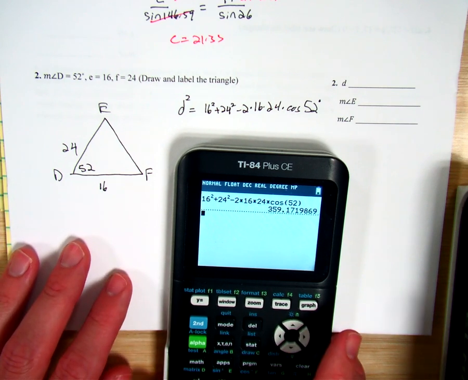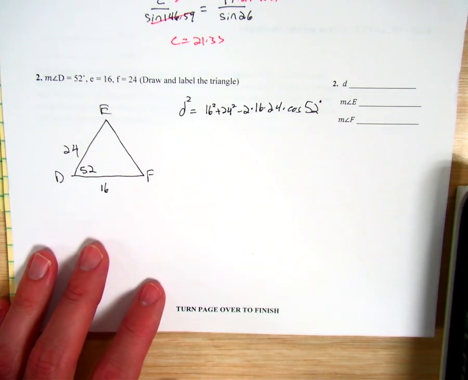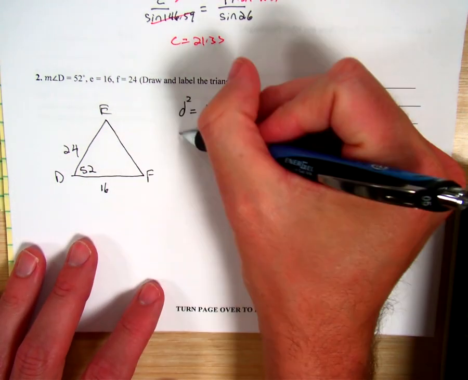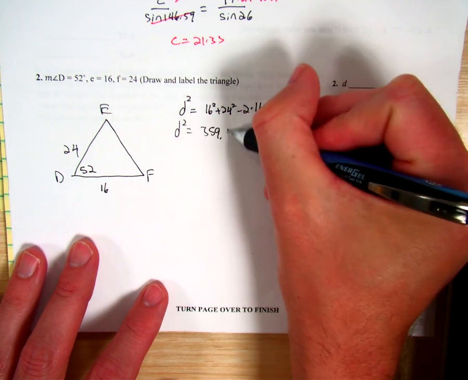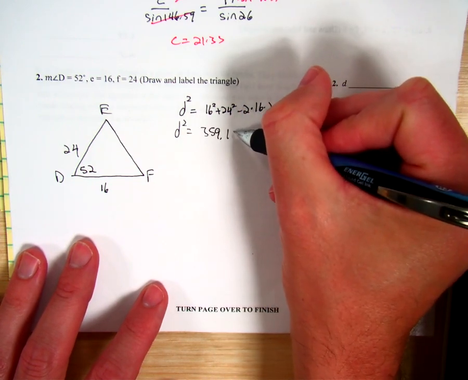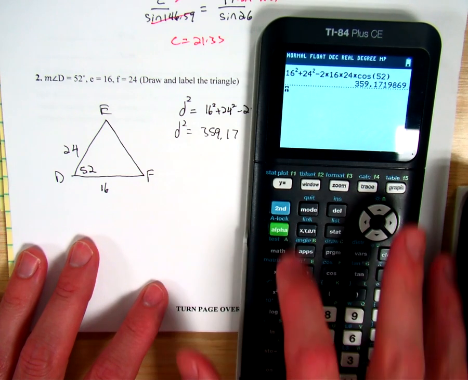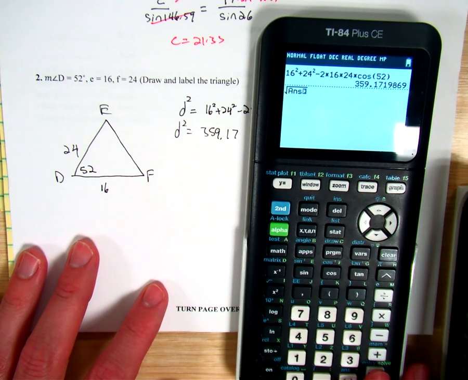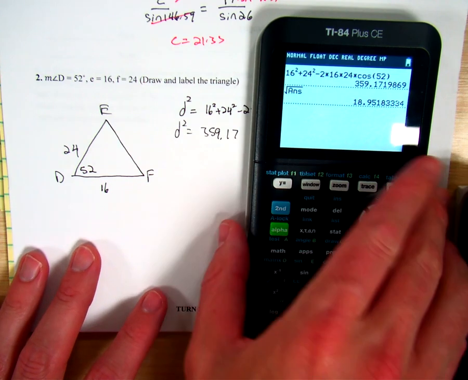Okay, so d squared equals 359.17. And next, we're going to go second square root, second answer, 18.95.